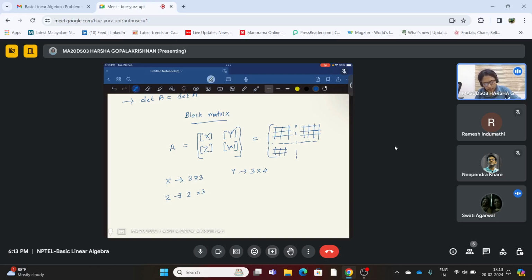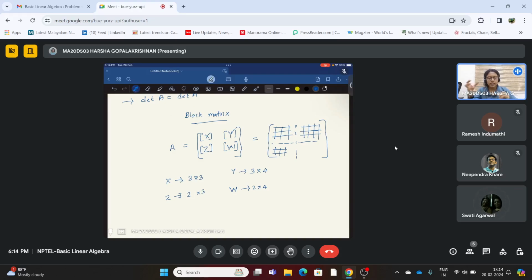And what should be the order of W? The same number of rows as Z and the same number of columns as Y, so it should be 2 by 4. This is how we form the block matrix.